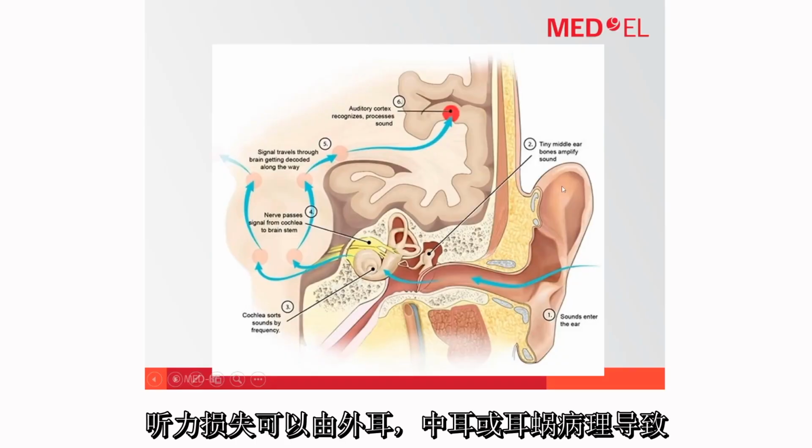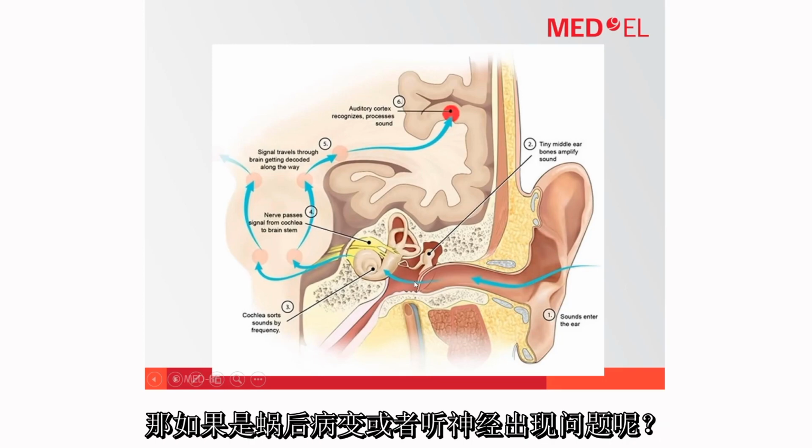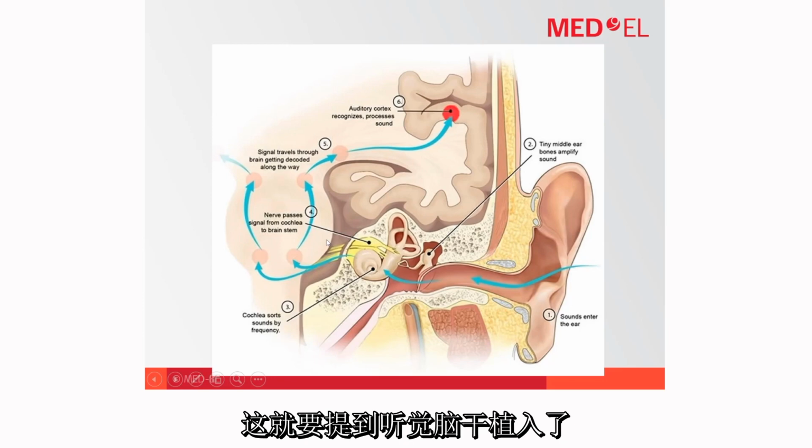Those devices address hearing losses, as you can see in this image, that arise from pathologies of the outer, middle, or inner ear, the cochlea, or cochlear hearing losses. Now, what about hearing losses that are due to problems with the auditory nerve, or retrocochlear hearing losses? That's where the auditory brainstem implant comes in.